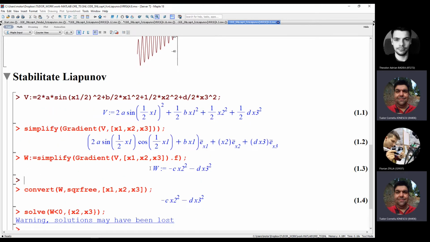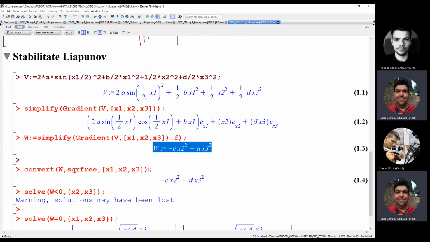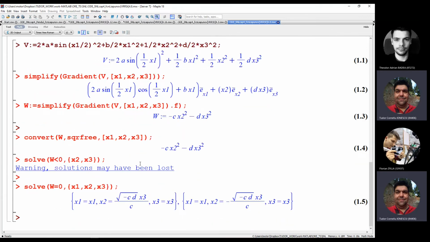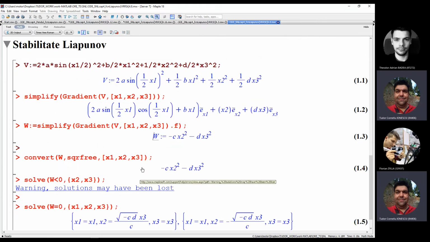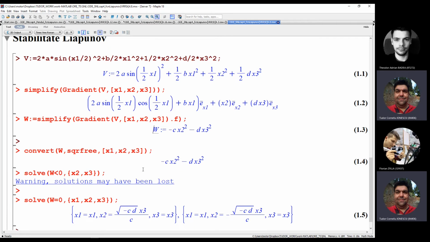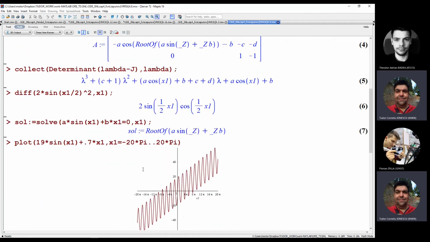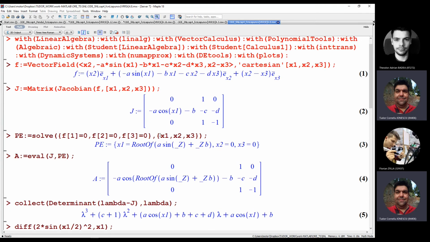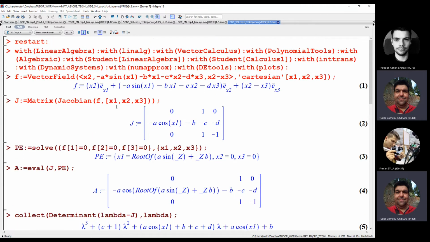And W in this case is this, and you can use the LaSalle principle. So this is semi-negative definite, and then using the LaSalle principle, I think you can show that the origin is an asymptotically stable equilibrium point. This is a third order example, an nth order, so this is a third order example.